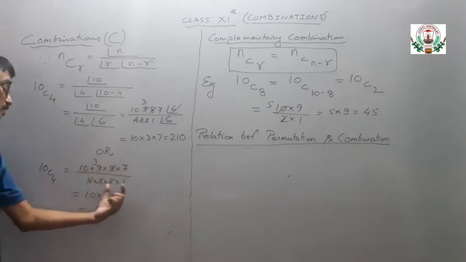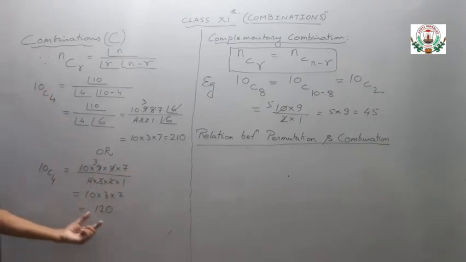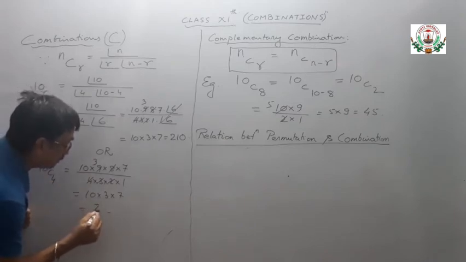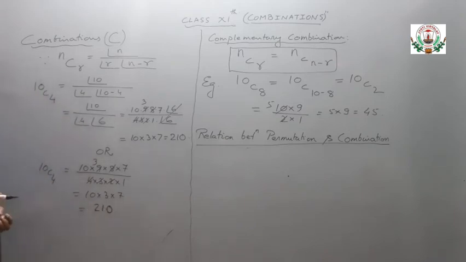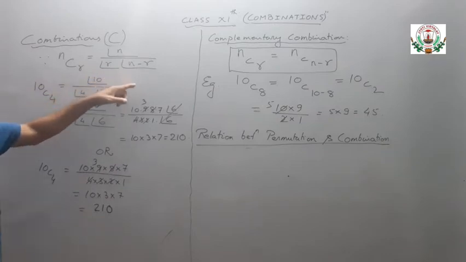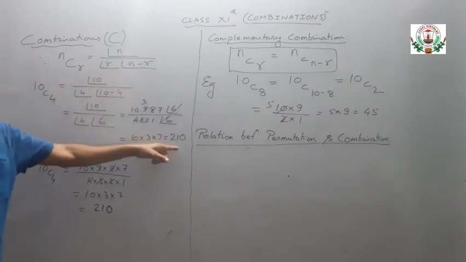Then we simplify and get the value of 10C4. Both the values are 210. So by applying the formula factorial n upon factorial r into factorial n minus r, we are getting the same 210.